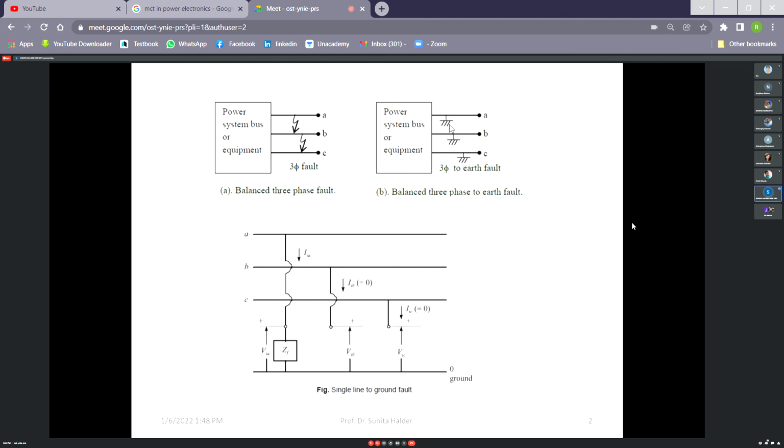Similarly, 3 phases individually can be grounded. This is called a balanced 3-phase ground fault. Or it may happen in this way also: these 3 are shorted and then the 3rd conductor is grounded. Then it will again be a balanced 3-phase fault. Right? And now, if one phase gets grounded, then it is called a single line to ground fault.